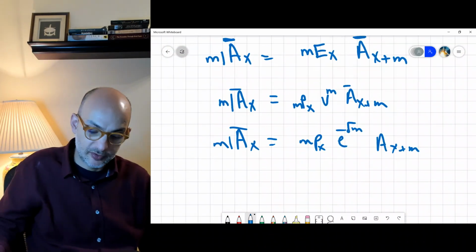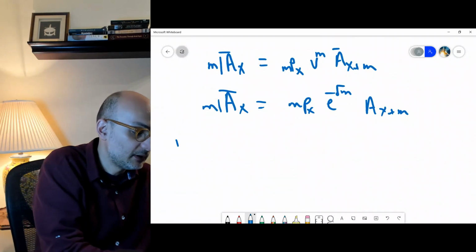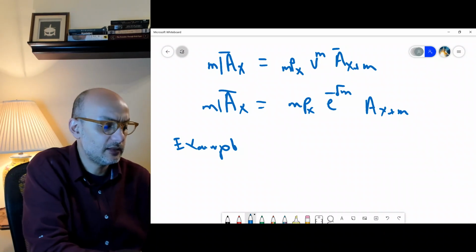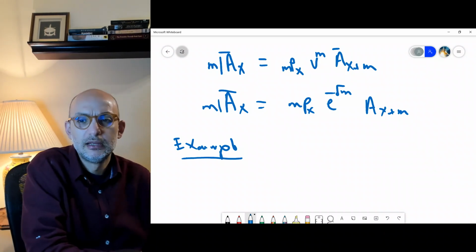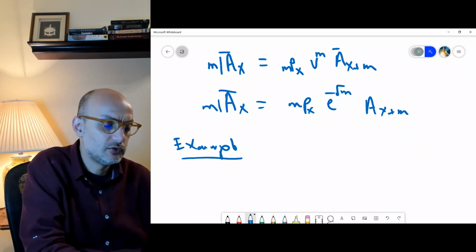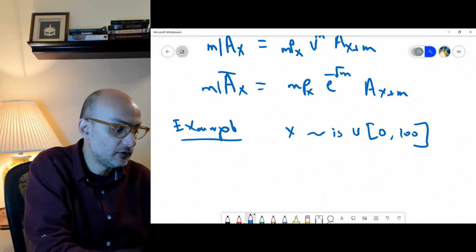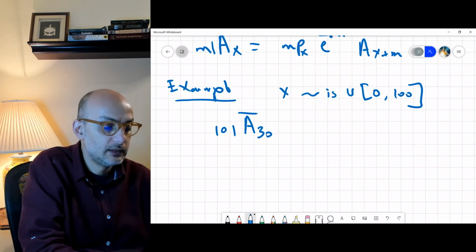Let's take one example. Take the same example, the uniform distribution: X is uniform over 0 to 100. We want to evaluate 10|A_30, continuous.